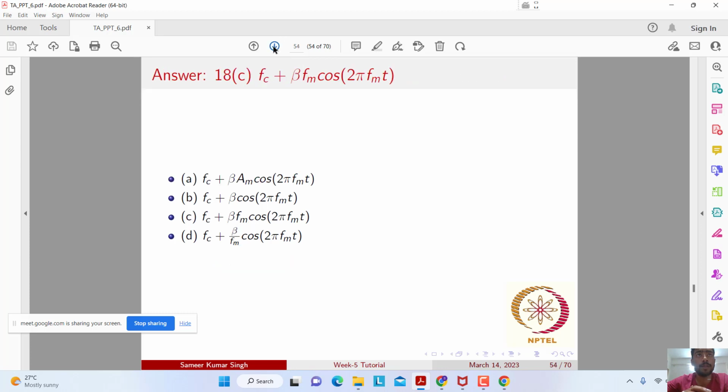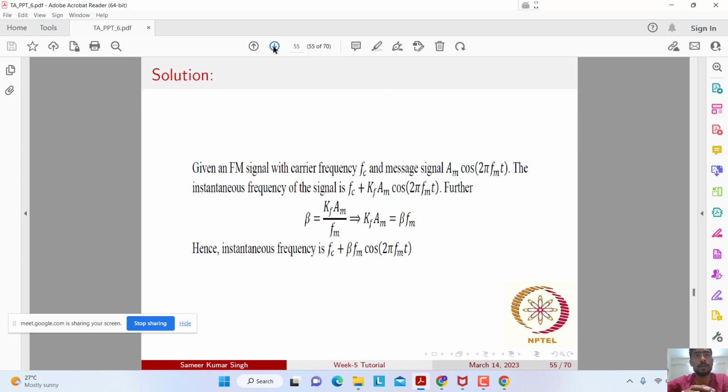Okay. The answer will be C part. So next, this is the explanation. We have been given an FM signal with the carrier frequency Fc, and the message signal is given as Am cos 2 pi FMt. As we know, the instantaneous frequency of the signal is Fc plus KF Am cos 2 pi FMt. Next we can calculate the modulation index.